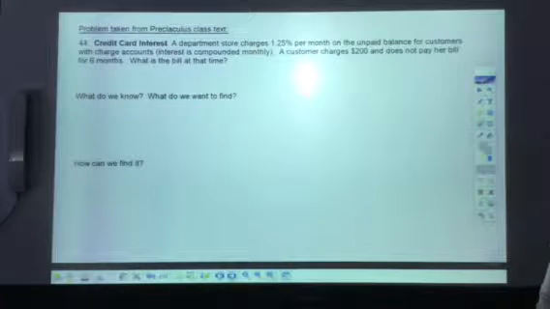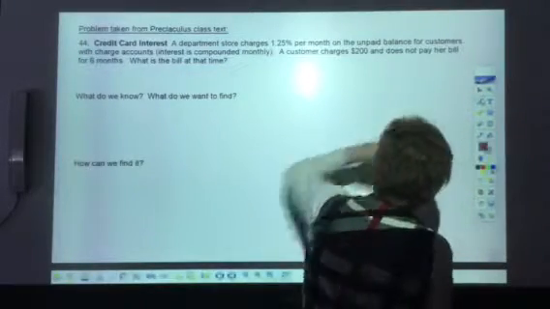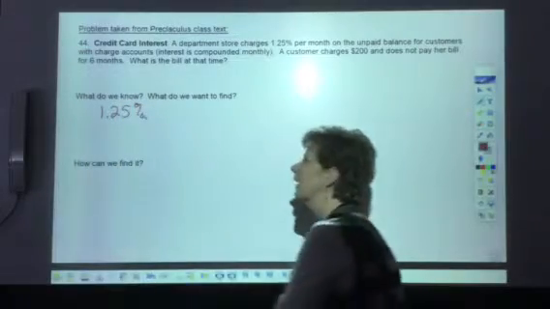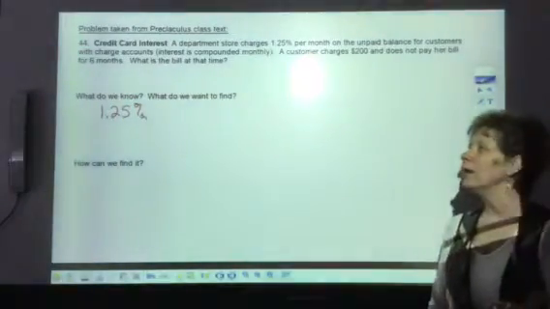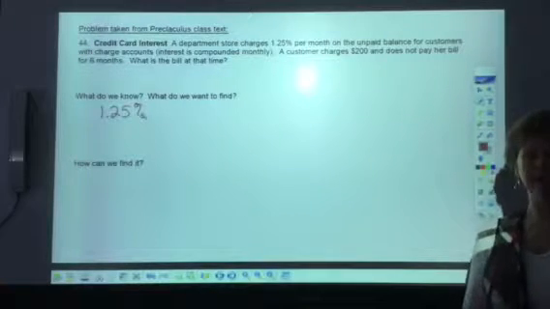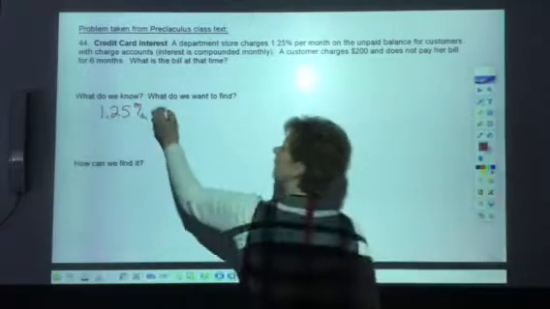Well, what do we know about the problem? First of all, we know that it's 1.25% per month. I think it's important to point out that this is not the annual interest, and I think that's one thing that trips the kids up. That's a common mistake they have. This is per month.